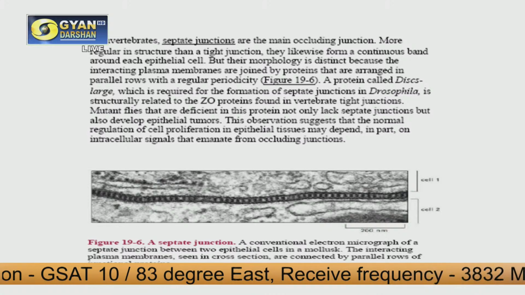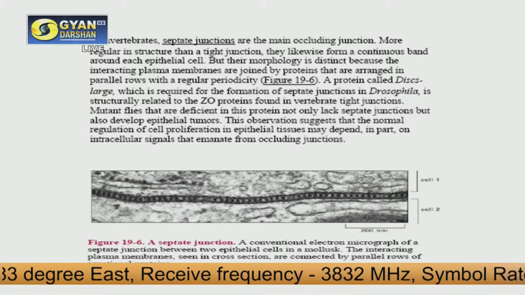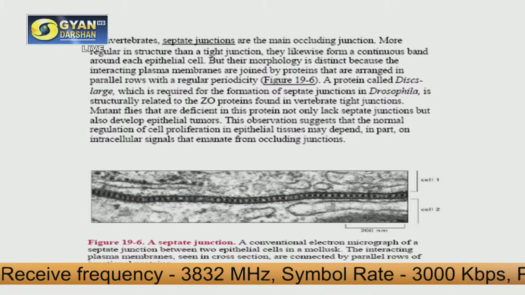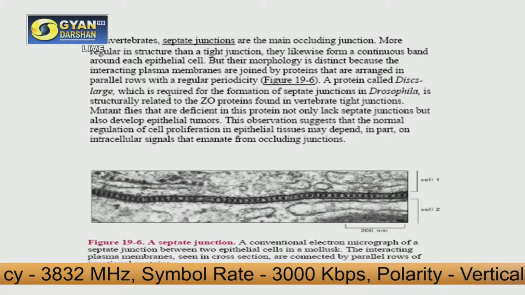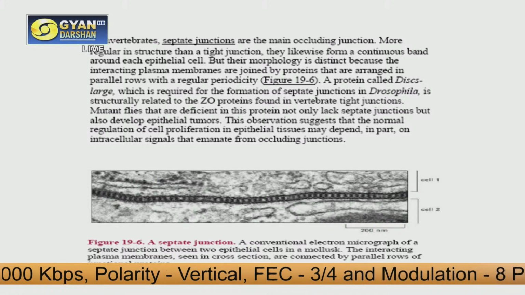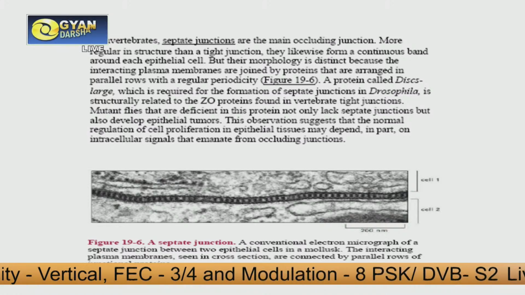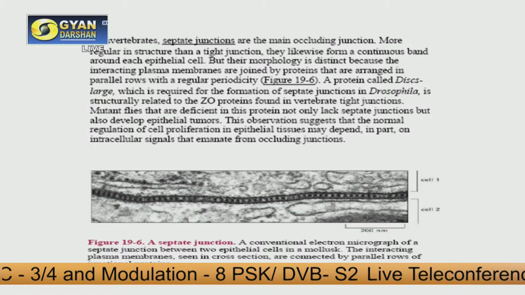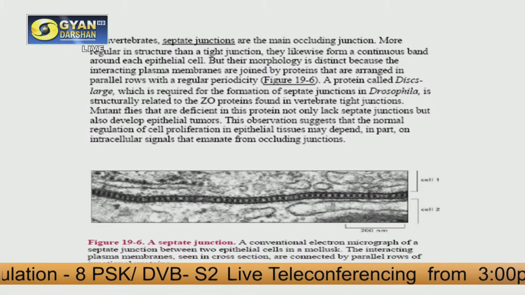So if these proteins are mutated, there is tumor formation in the epithelial cell layer. Overall, it shows that the tight junction or the septate junction not only plays a structural role, but also helps in maintaining the cell signaling process and some basic animal physiological processes. So very vital molecules.